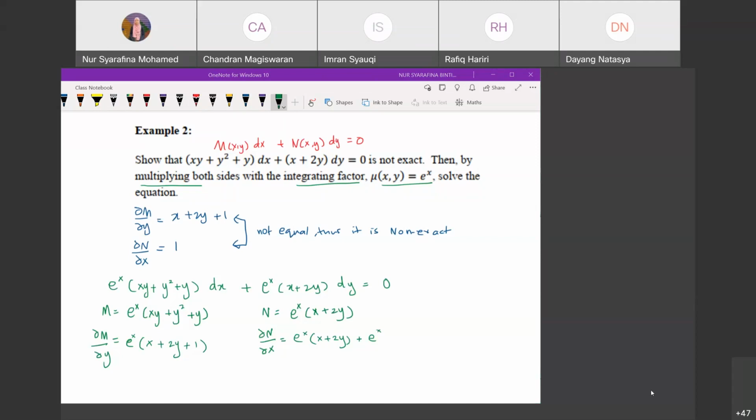Where this is equivalent to. Anyone has question up to this part?